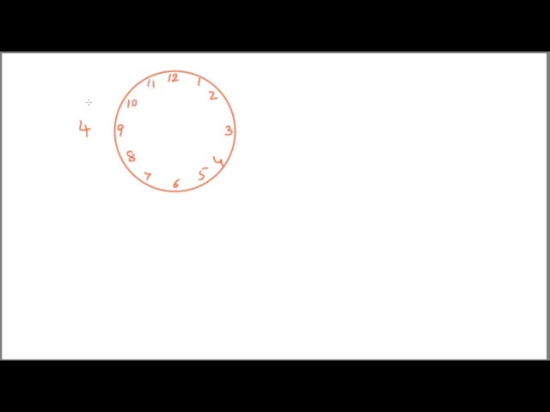Now you have to draw the clock hands for 9 o'clock. Now we are going to draw the clock hands. Take a center point and draw. The hours hand should always be small and the minutes hand should be long. Now we have to find out the angle in between these two hands.